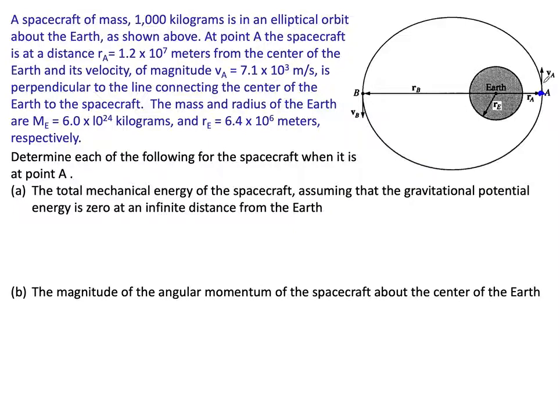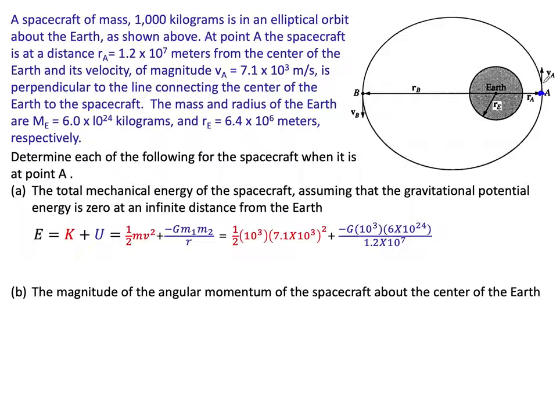The total mechanical energy of the spacecraft, assuming that gravitational potential energy is zero at an infinite distance from the Earth. And you might say, whoa, this is really complex. It's not. Mechanical energy is the sum of the kinetic and potential. And by defining the energy zero at infinite distance, we can use the standard form of GPE, the big form, which is negative G m1 m2 over r, not r squared, that's the force one.